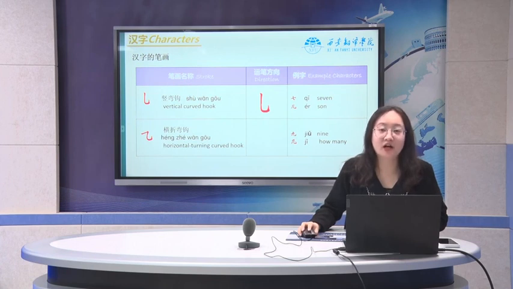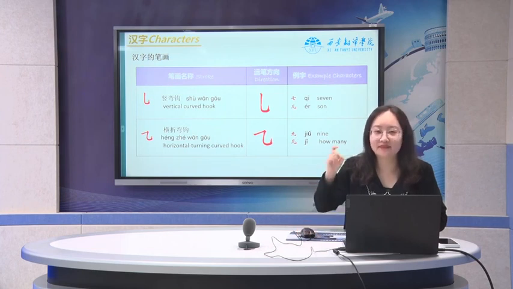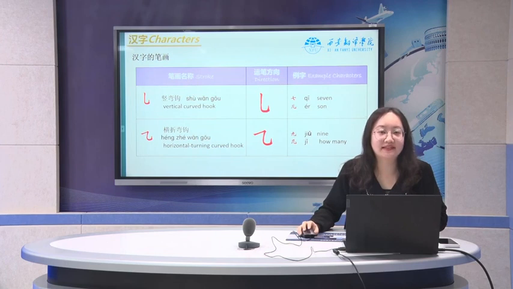The next one, 横折弯钩, horizontal turning curved hook. Write like this. Do you still remember 9? The number 9. The second stroke is 横折弯钩. 你家有几口人？几.